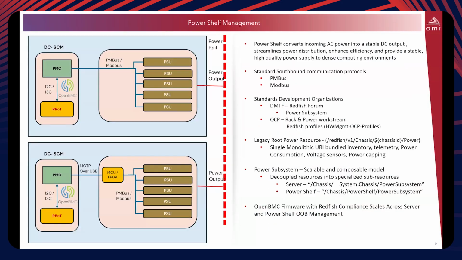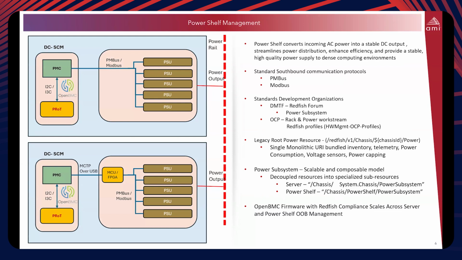So let's move on to PowerShelf. The PowerShelf converts the incoming AC power to DC output. It streamlines power distribution, enhances efficiency, and provides a stable output for high density computing environments. Here the BMC is typically called the platform power management controller.